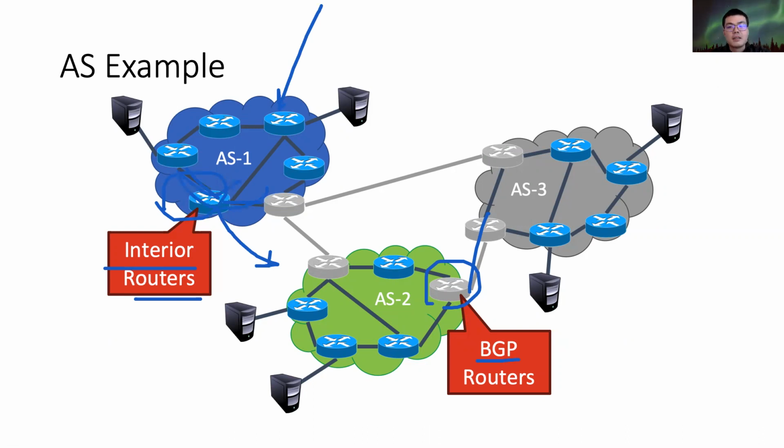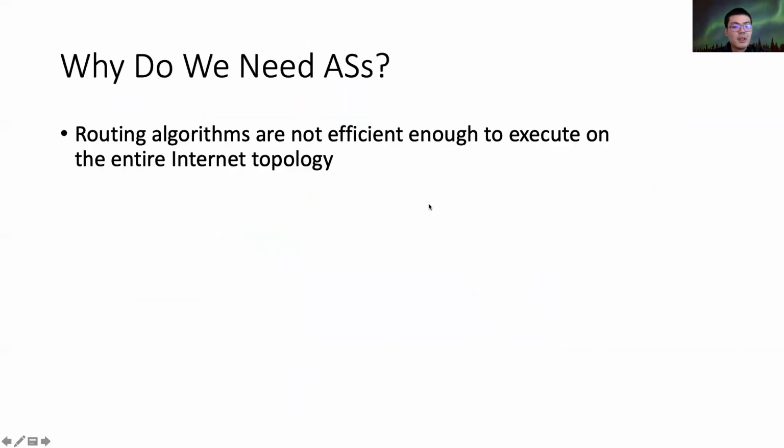That's the concept. Within each AS we run maybe OSPF, and between them we run BGP. That's the thing you need to memorize. If you memorize these terminologies, then when we talk about these things later, you can follow what we are talking about. So why do we need an AS? Why do we need an autonomous system?